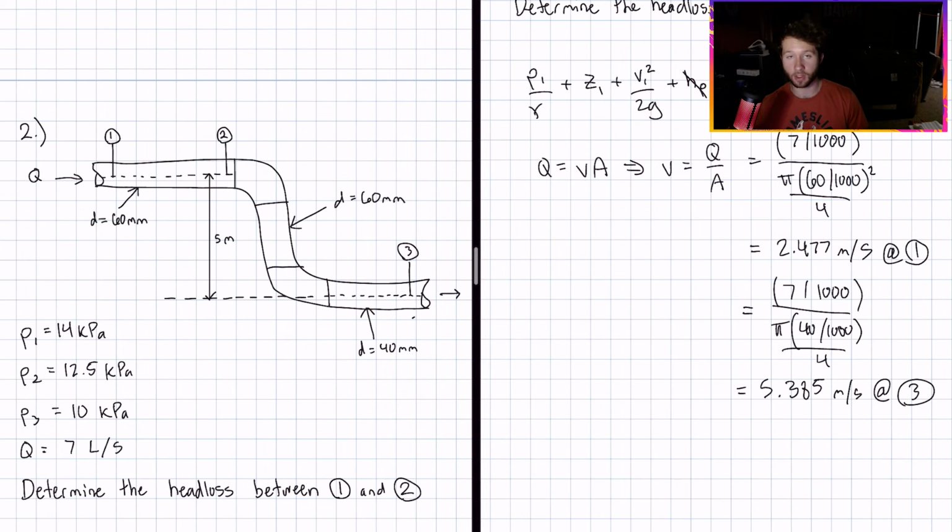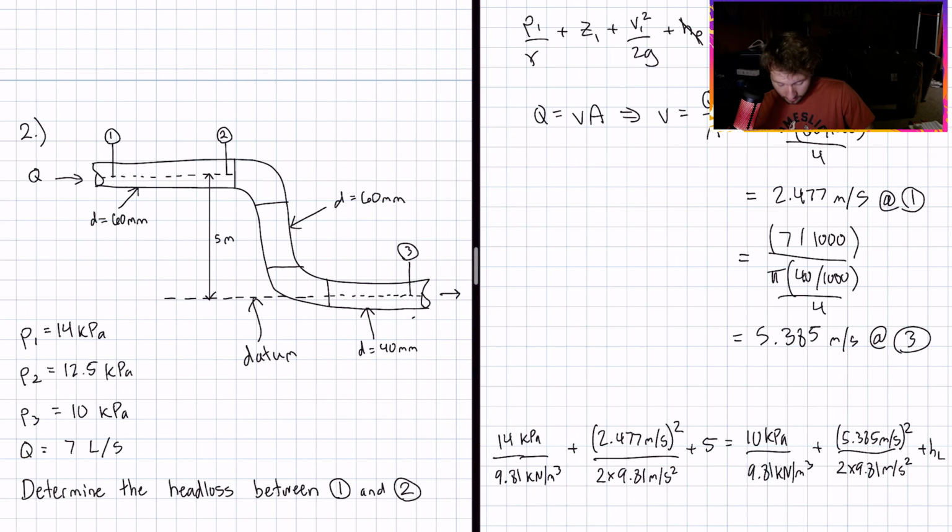Now we can solve for head loss. Also, since I didn't mention before, we're going to use this line down here as our datum. So up here is 5 meters above the datum, and this will be 0. We'll have a big mess like this, and we can just plug and chug and solve for head loss. It gives us about 4.24 meters of head loss through our simple pipe system.